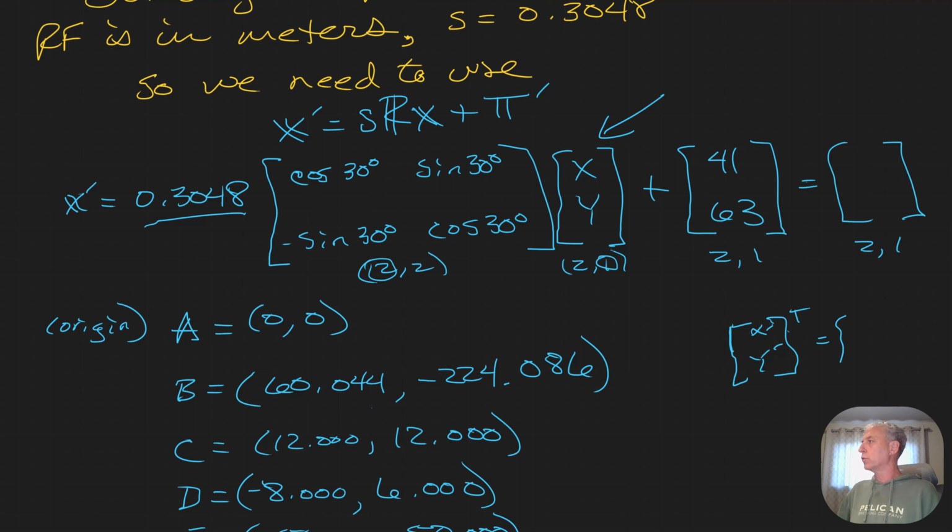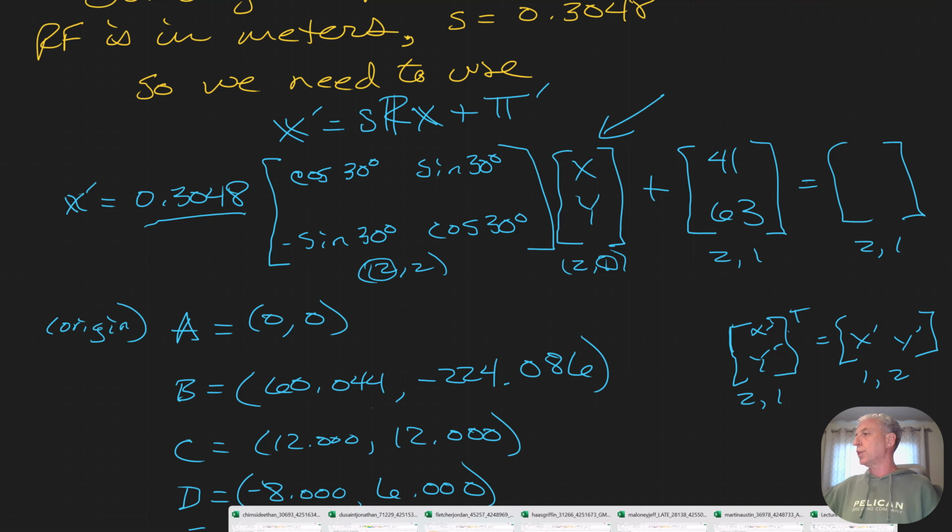The transpose would just be a 1 by 2. So this is 2 by 1. The transpose would be 1 by 2: x prime, y prime. And that's going to be important when we build our spreadsheet.